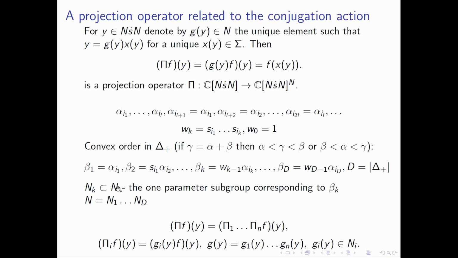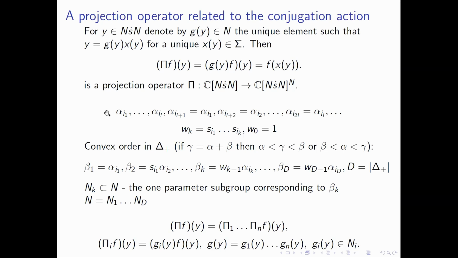And then for the purposes of quantization, I have to choose a special order of these roots, namely, I'm going to choose the so-called convex order. In such an order, every root is written in between its summands. So if a root gamma is the sum of two roots alpha and beta, then gamma is written in between alpha and beta. And here is an example of such an order.